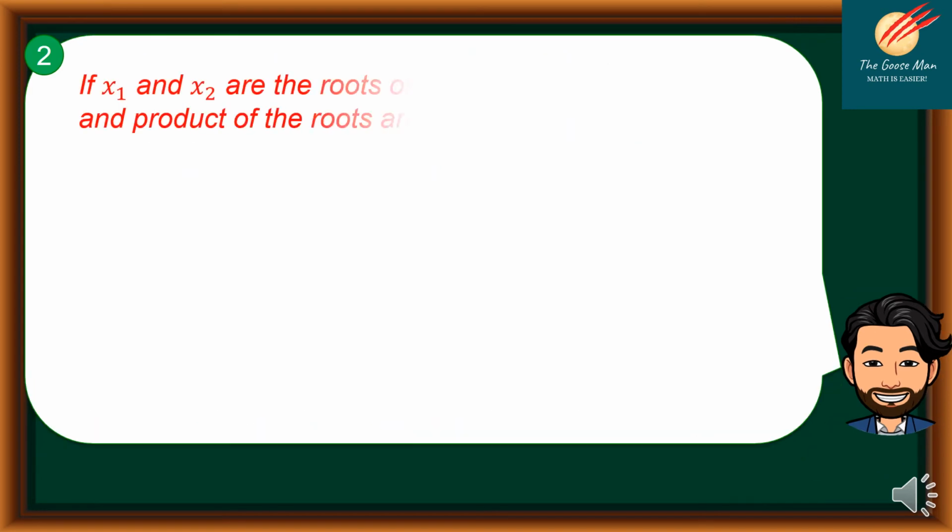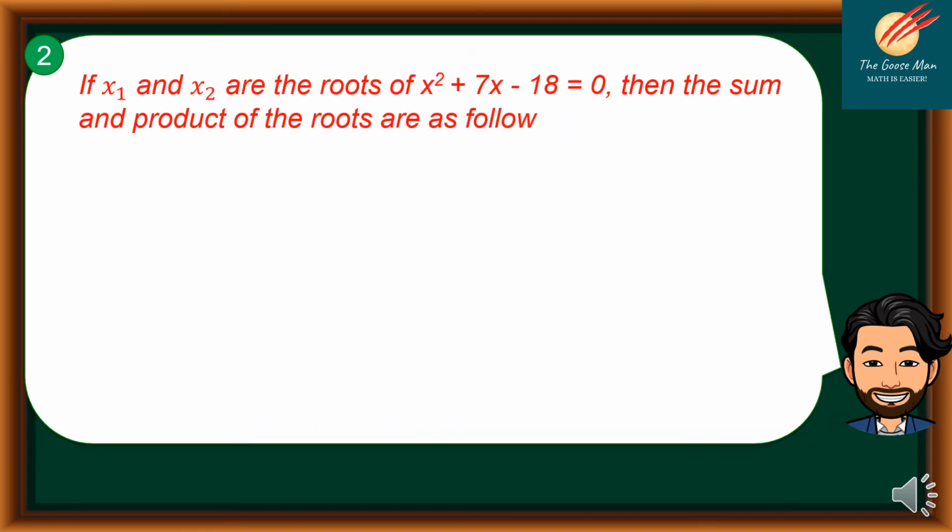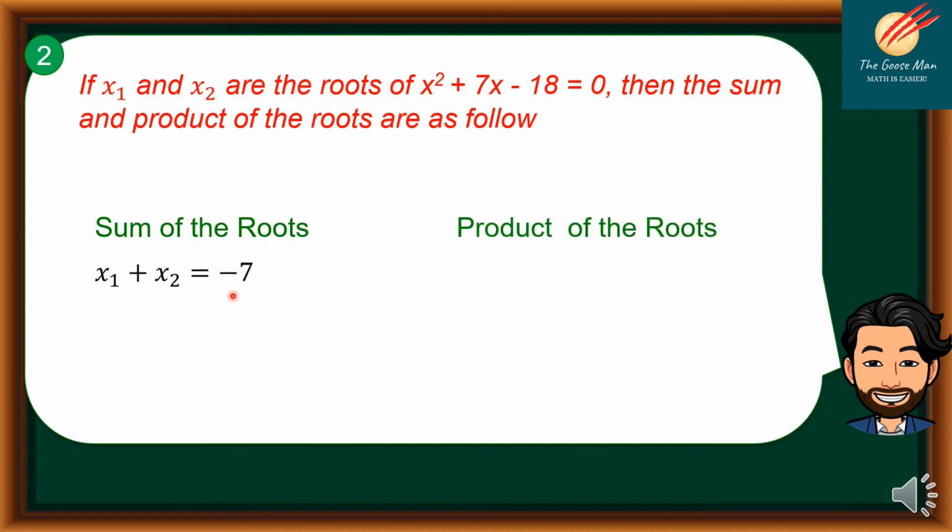So let us recall, if x sub 1 and x sub 2 are the roots of x squared plus 7x minus 18 equals 0, then the sum and the product of the roots are as follows. The sum of the roots, x sub 1 plus x sub 2, is equal to negative 7. On the other hand, the product of the roots, x sub 1 times x sub 2, is equal to negative 18.